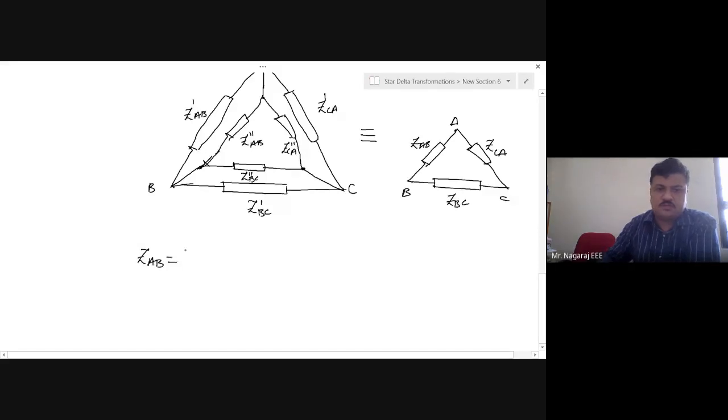Now ZAB is equal to ZAB dash in parallel with ZAB double dash.